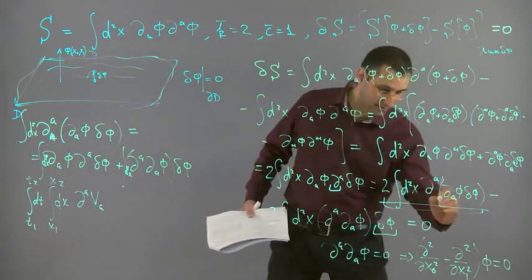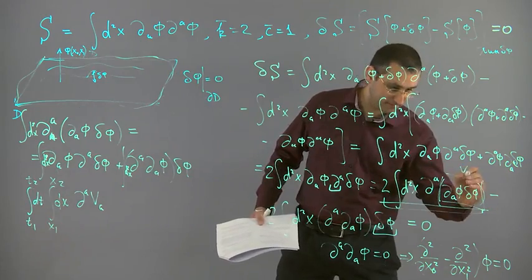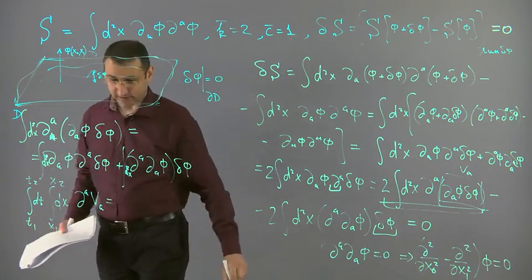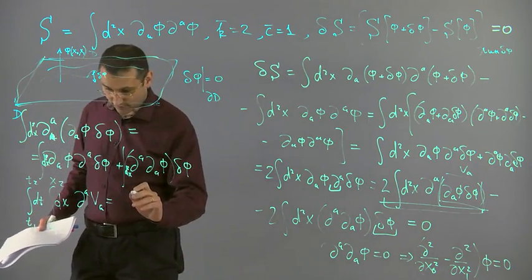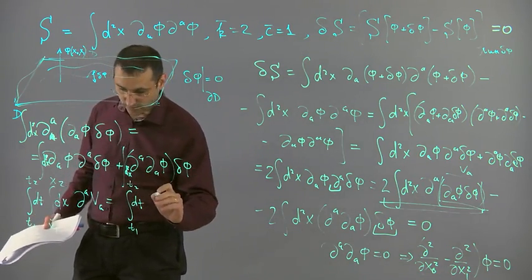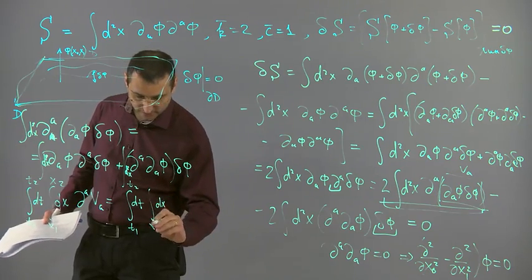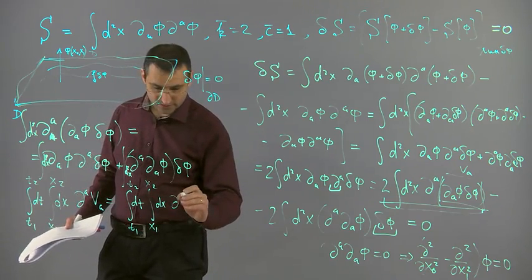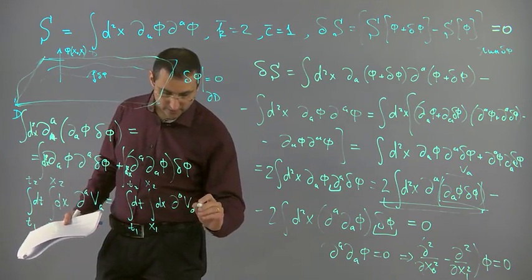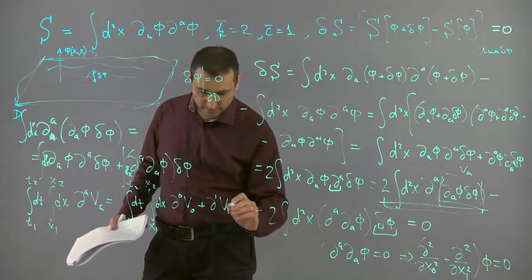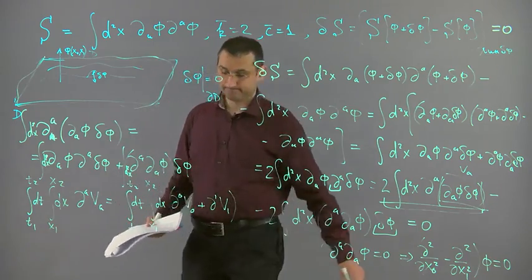VA is this guy. And what is this? This is nothing but the integral over dt from t1 to t2, dx from x1 to x2, of d0 v0, which is the differential with respect to t, plus d1 acting on v1.